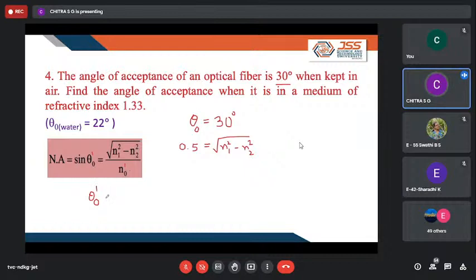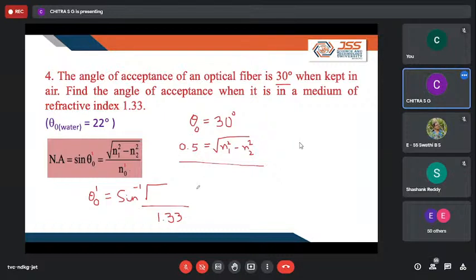So that is nothing but sine inverse of square root of n1 square minus n2 square, the whole thing divided by n naught dash. N naught dash is nothing but the value when the fiber is in water, that is 1.33. From the above equation, square root of n1 square minus n2 square is 0.5.